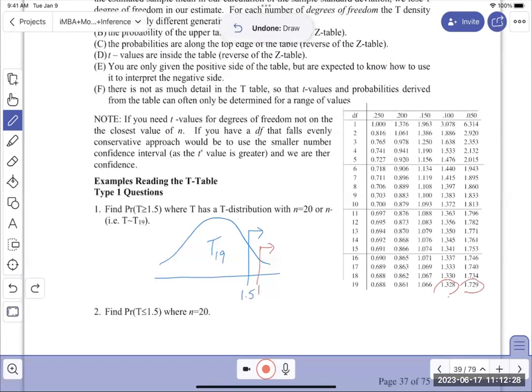This is very messy. 1.729 corresponds to 5% on the right, and 1.328 corresponds to 10% on the right.